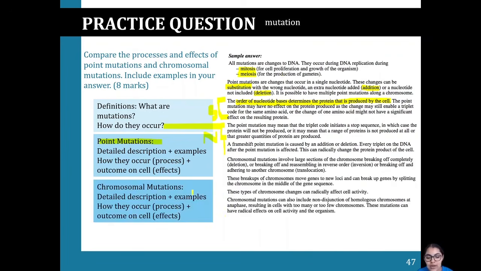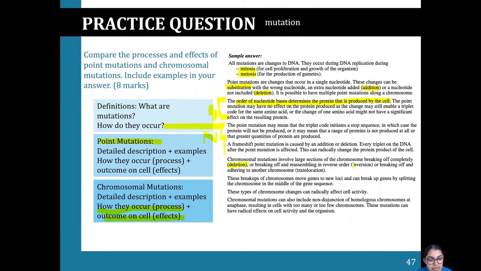And then we talk about chromosomal mutations. And remember, it's asking us to compare, right? So we actually have to link it back to the process and the effects. Chromosomal mutations may involve large sections of the chromosome breaking off completely, or breaking off and reassembling in reverse order. So here we are identifying those terms.